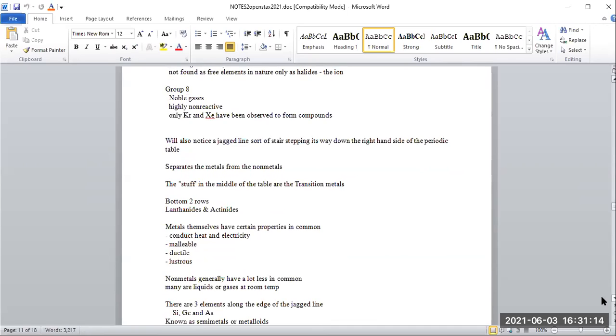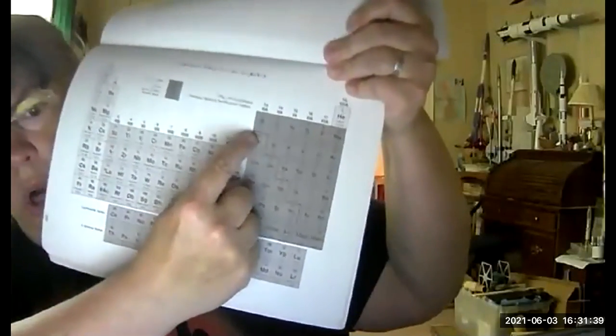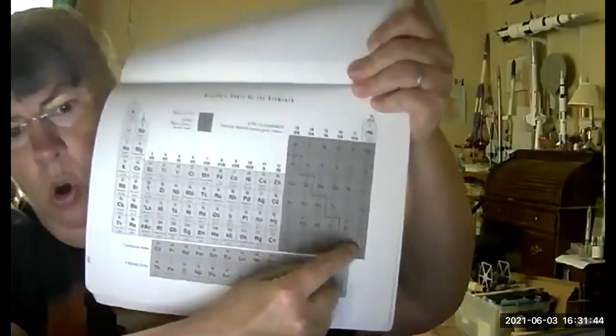If you look at the periodic table in your lab book, you will notice that there is a sort of staircase that goes down one side of your periodic table. We'll see if this shows up okay. See the dark line? Okay. It makes this little staircase that goes down toward the far right-hand corner there.